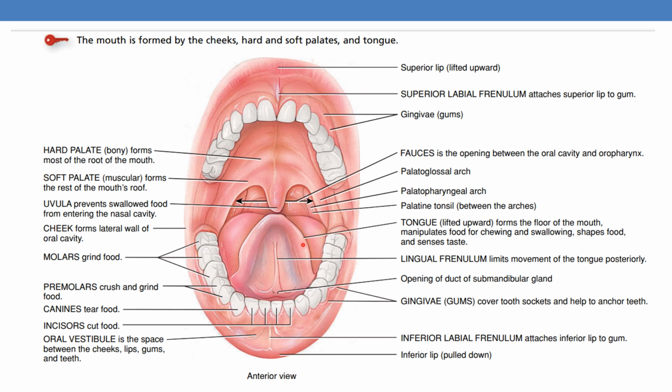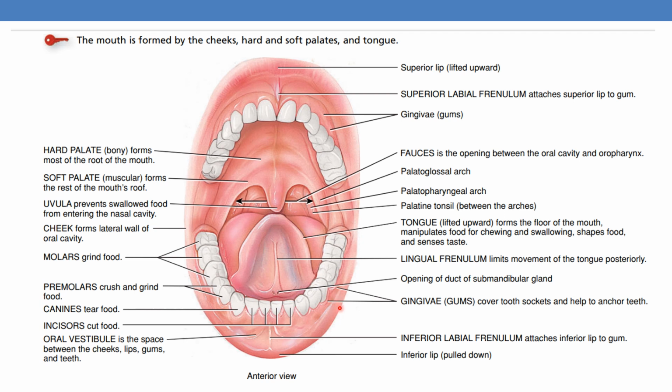And here you can see this is the tongue. It forms the floor of the mouth, manipulates the food for chewing and swallowing, shapes the food and senses the taste. And lingual frenulum is the part of the body which limits the movement of the tongue posteriorly. And if lingual frenulum is rigid or short, it causes ankyloglossia.